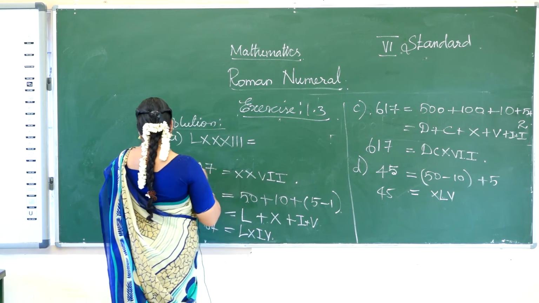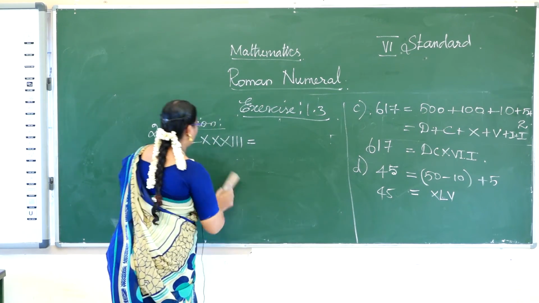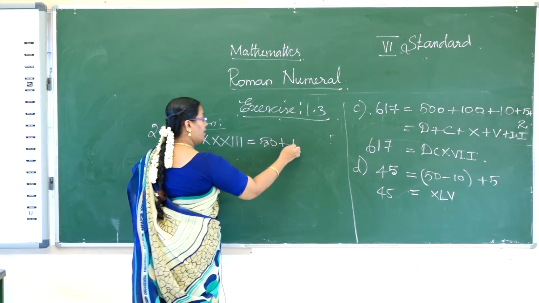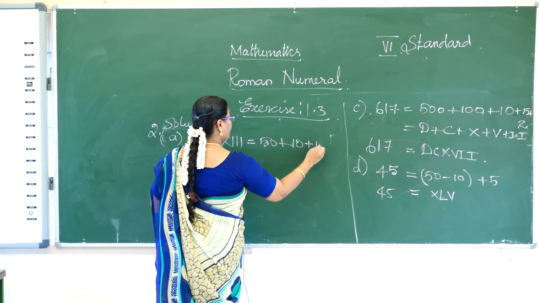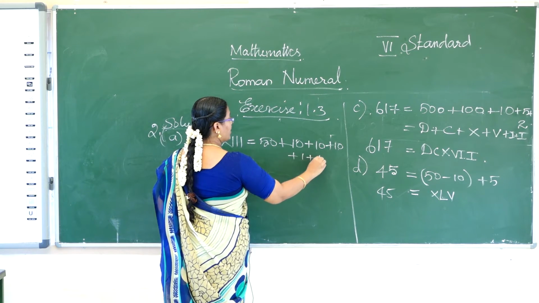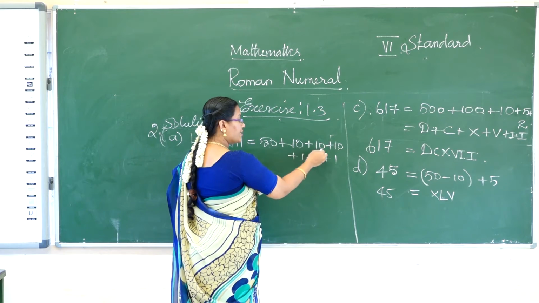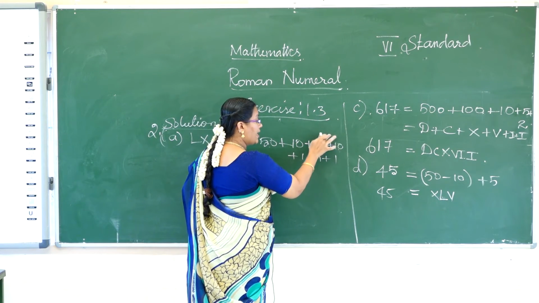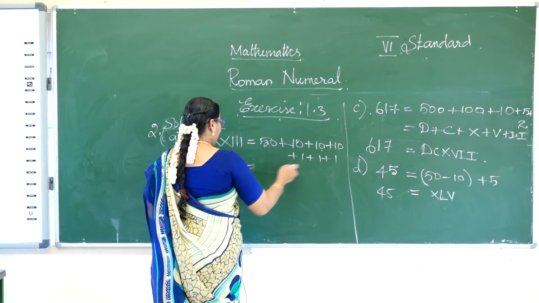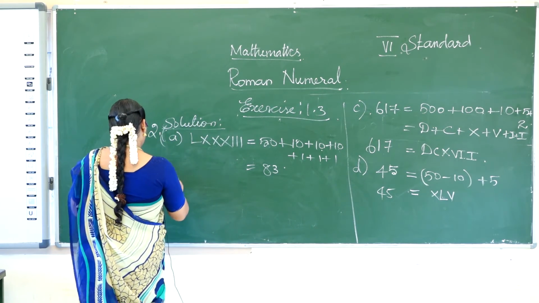L is 50, plus X is 10 plus 10 plus 10, and 3 I's are given, so 1 plus 1 plus 1. Added: 50 plus 10 is 60, 70, 80, 81, 82, 83. So the value is 83.